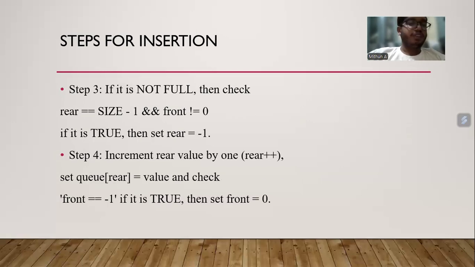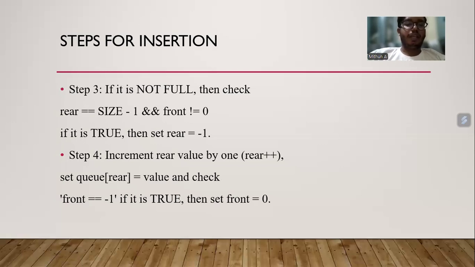If it is not full, that is the else statement, then it checks whether rear is equal to size minus 1 and front is not equal to 0, which means there is a free place. If it is true, then set rear equal to -1, meaning rear will be at the beginning.